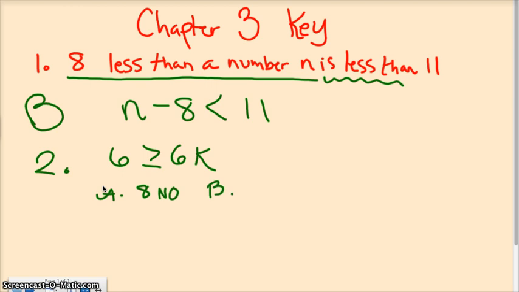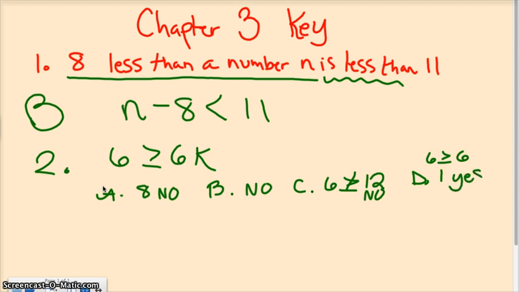I already know right away that 6 is not going to be bigger than 6 times 18. C says 2. Again, I already know 6 is not bigger than or equal to 12. So that's a no. And lastly, we have 1. Is 6 bigger than or equal to 6? Yes, because it's equal. So my right answer is D.